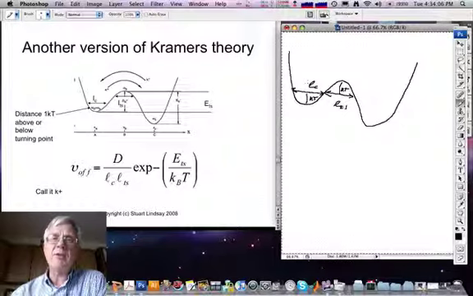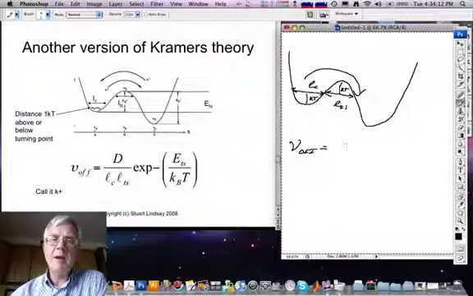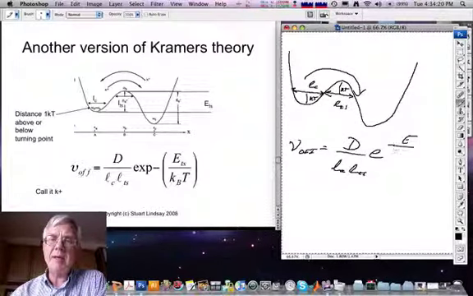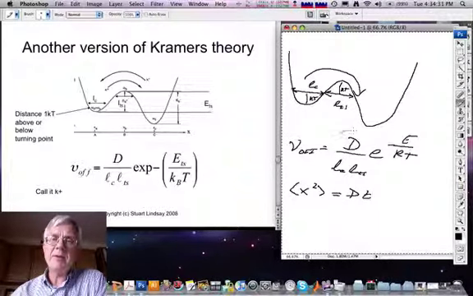The result is that the off rate, or the rate at which a particle escapes from this well, is given by the diffusion constant divided by the product of these two lengths times e to the minus E_B on kT. You'll recognize, remember, that we had the result that x squared is Dt, so this prefactor is 1 on t as it should be.